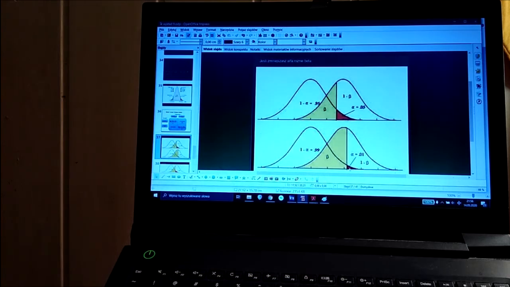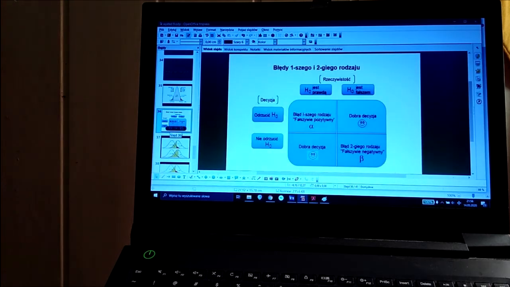Okay, so it seems that we cannot push the limits too far. The more certain you want to be of your result, the bigger the chances that you will make the beta error, that you will not reject the null hypothesis, although it is false.